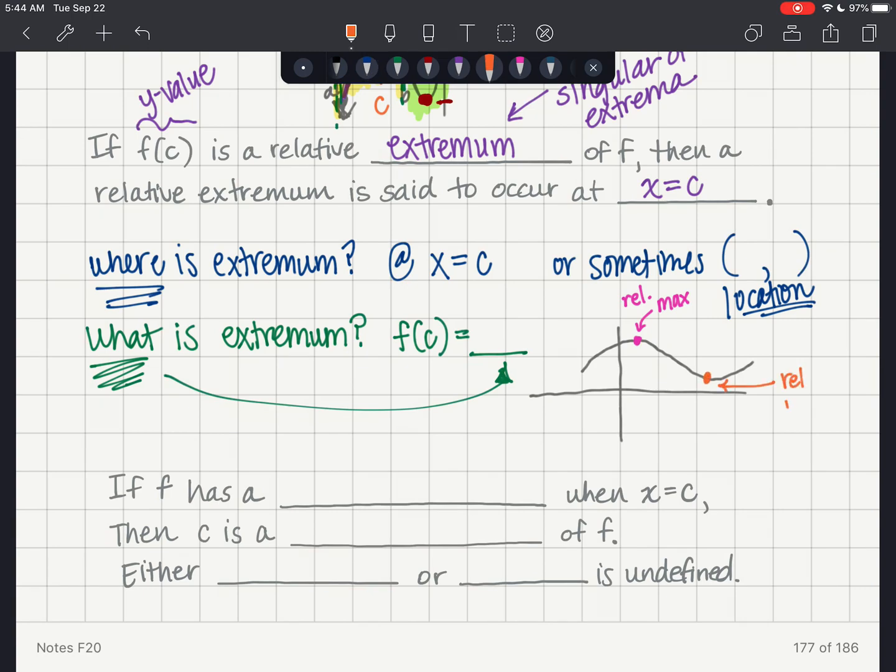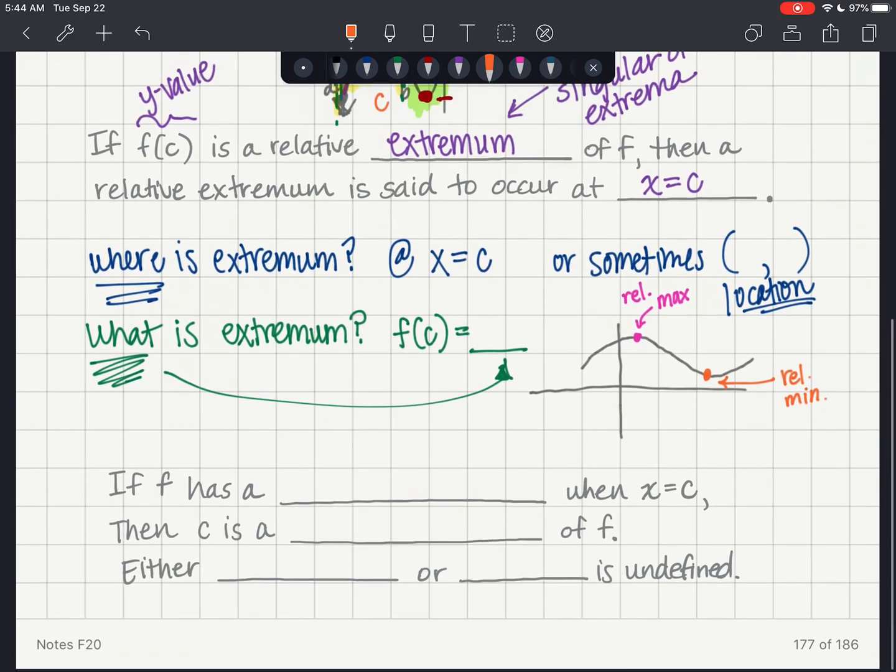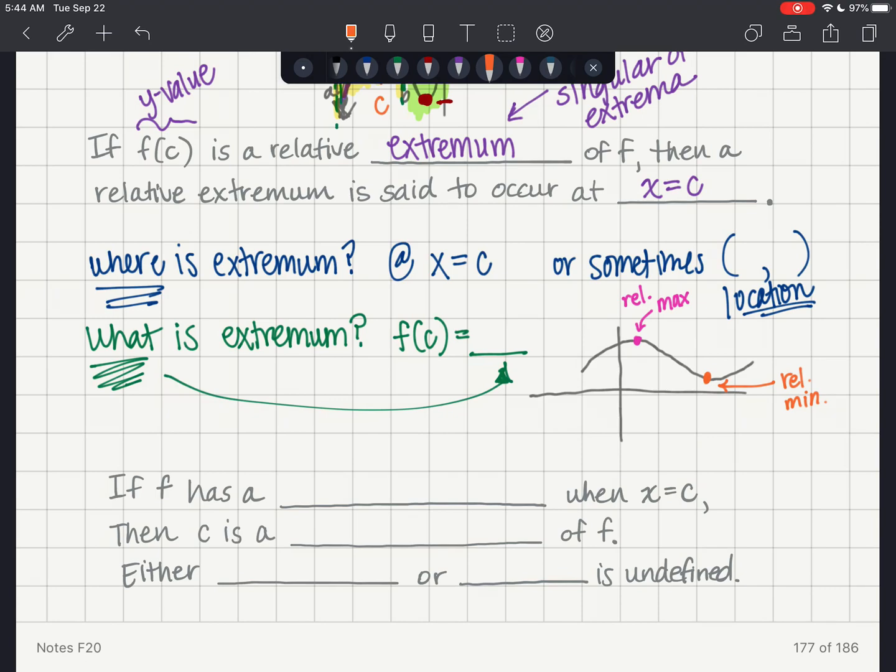And that's a relative minimum. If f has a relative max or min when x equals c, then c is a critical number. We talked about critical numbers already.